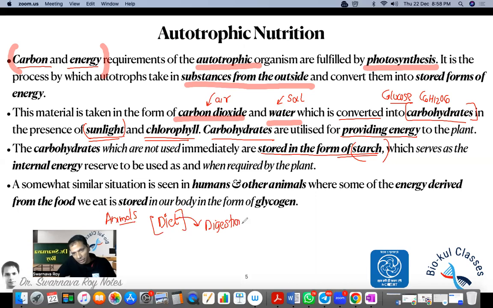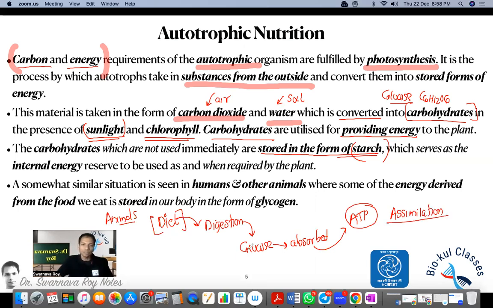After digestion, the complex carbohydrate is converted into glucose. This glucose is then absorbed at the small intestine and utilized, and from here ATP is derived. This process is called assimilation.